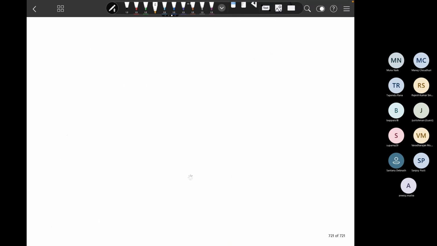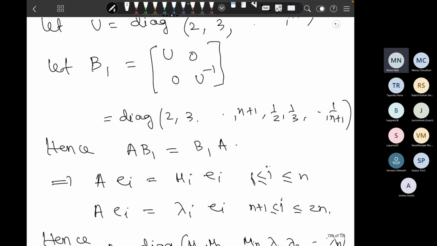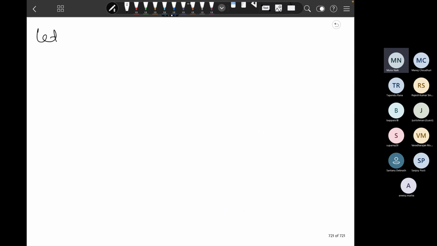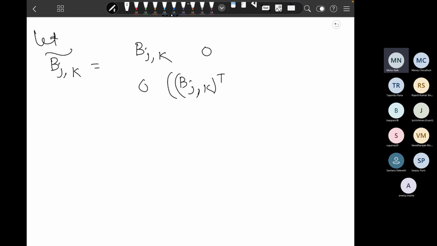Let us show that. So let bjk tilde be equal to bj,k, 0, 0, bj,k transpose inverse.